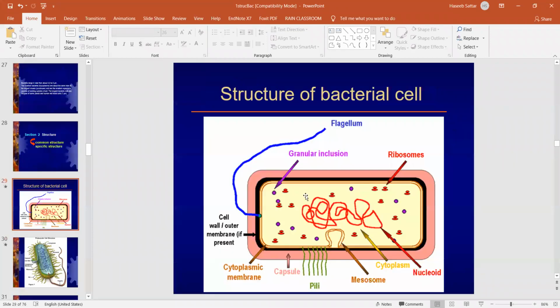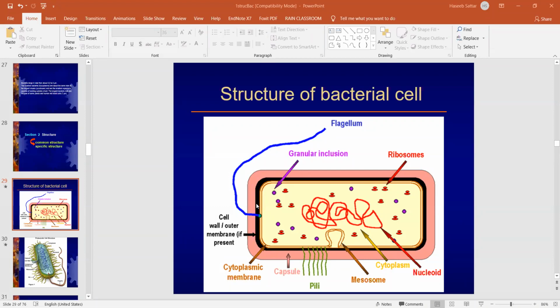So for example, this is a simple bacterial cell, and we know that bacteria are prokaryotic cells. Generally speaking, in a prokaryotic cell we have a cell wall and a cell membrane.